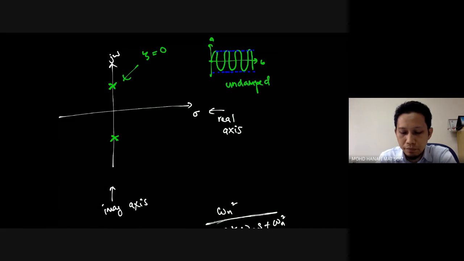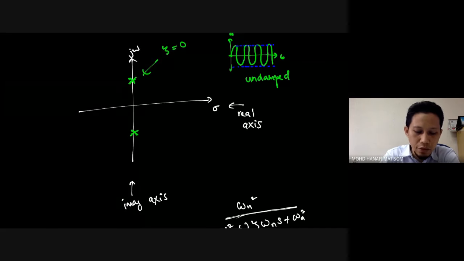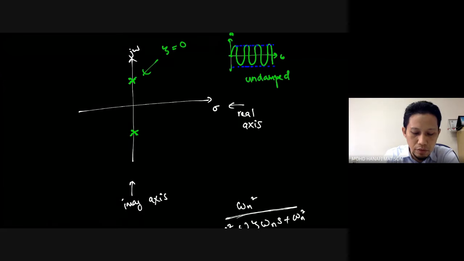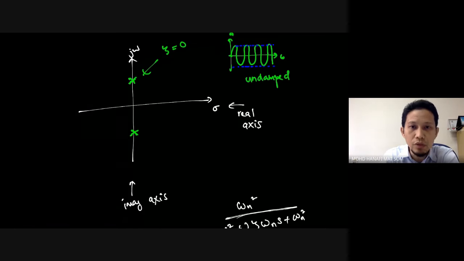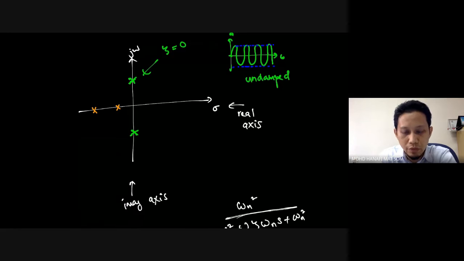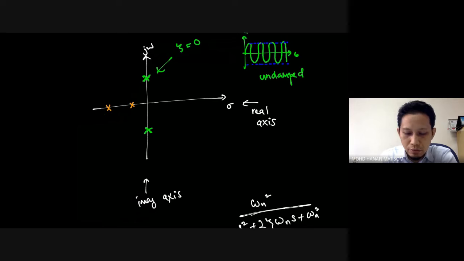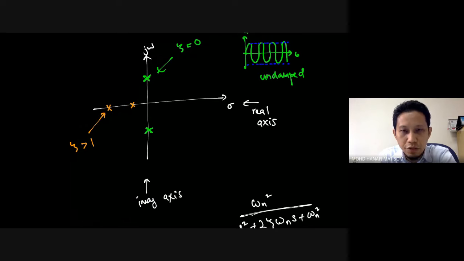Next one. Let's say we have our poles now on the real axis, at this position, regardless of the value, negative A and negative B. At this location, the value of zeta is greater than 1.